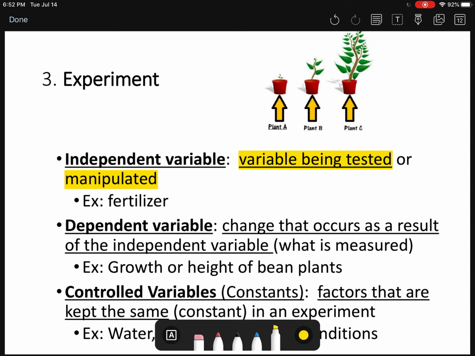And then we might form a hypothesis. If we add fertilizer to plants, 1 teaspoon of fertilizer to plant B, 2 teaspoons of fertilizer to plant C, but don't give anything to plant A, then C will grow the most and plant B will grow the next highest amount compared to plant A. Okay? So what you are testing in this case would be the fertilizer, because that's what you're changing between each of those 3 groups of plants.